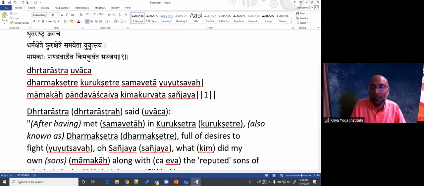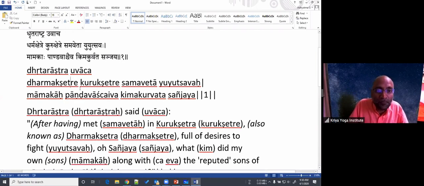Samasa, on the other hand, is a compound word where you cannot split and put them apart. You can split that word to understand the meaning only, but not as in a sentence. It has to be treated as one word.